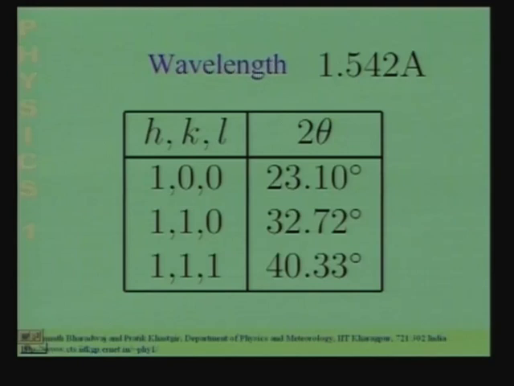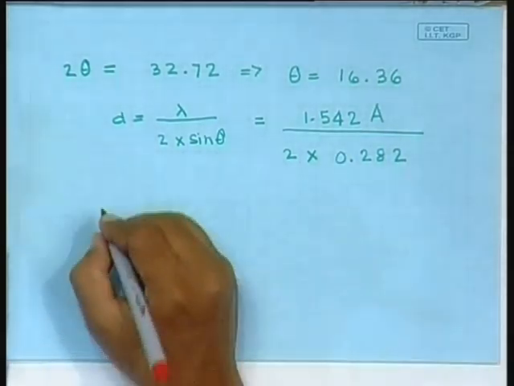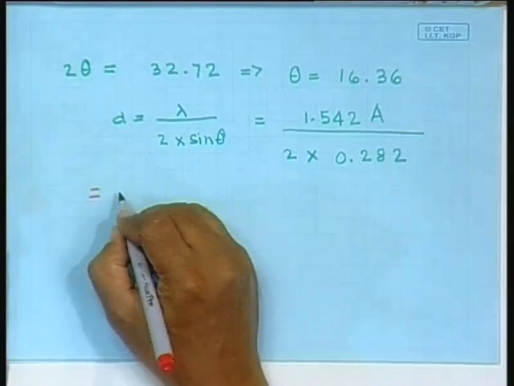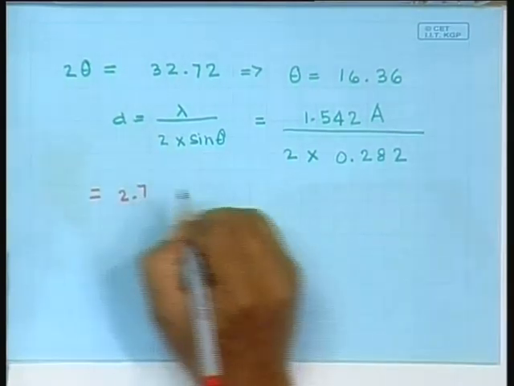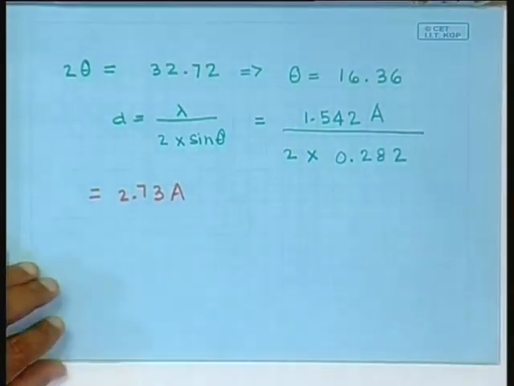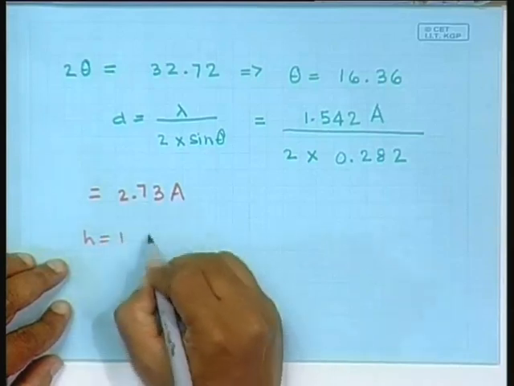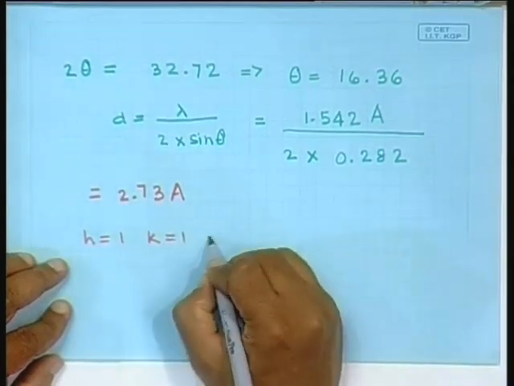Okay, let me now do this calculation. So, this into 2 into 1.542, and doing the division, it gives us 2.73 Angstrom. Now, I have told you that this corresponds to h equal to 1, k equal to 1, l equal to 0.